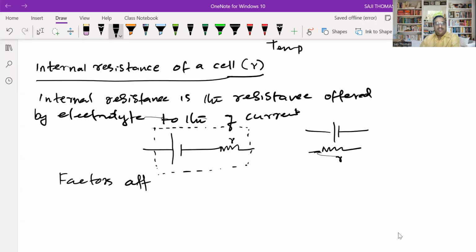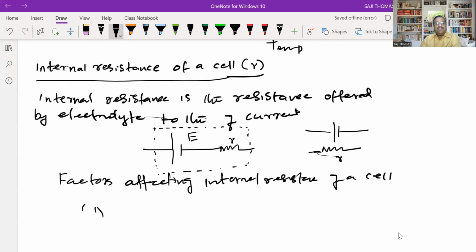Factors affecting internal resistance of a cell. First factor is the nature of the electrolyte. What is the second factor?